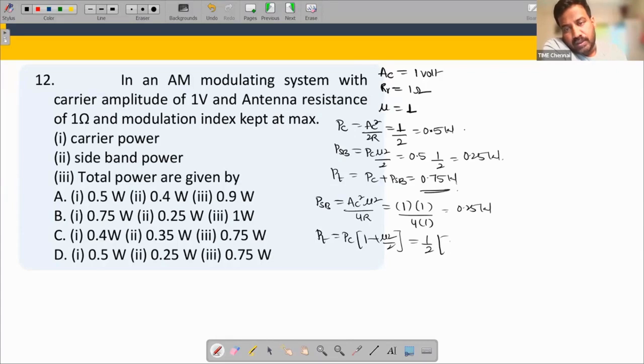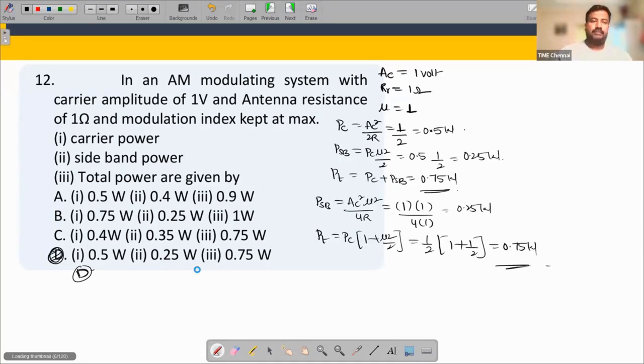That's 1 by 2 into 1 plus 1 by 2 should also give you the same answer, of course. So 0.5, 0.25 and 0.75 watt. Option D is the answer.